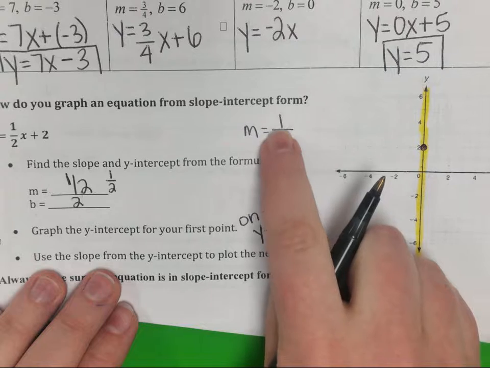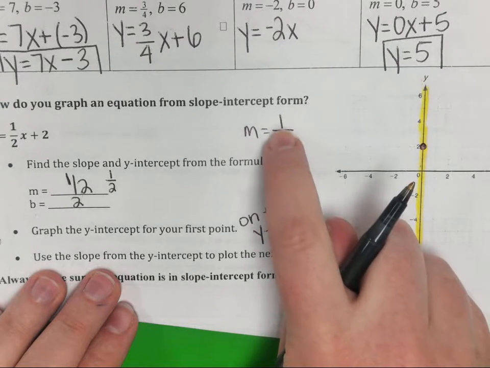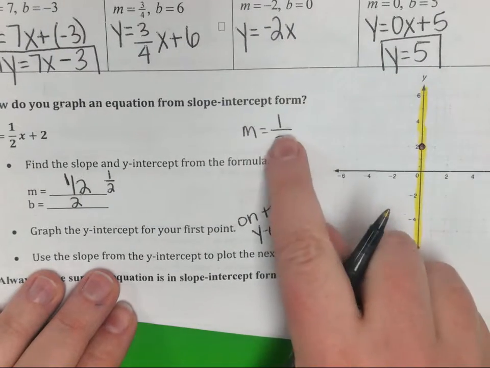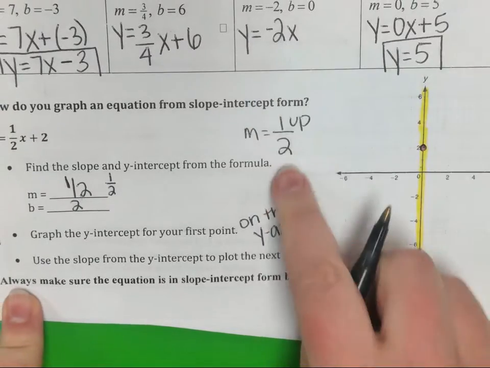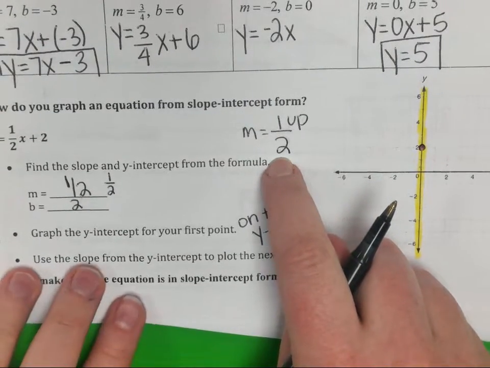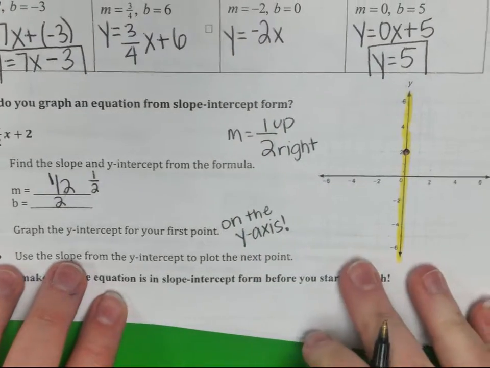What over what? Rise over run. So if the rise is 1, which direction are we going to move? The rise is 1, that is up. The run is side to side, so 2 is going to be to the right. When it's positive, it's right.